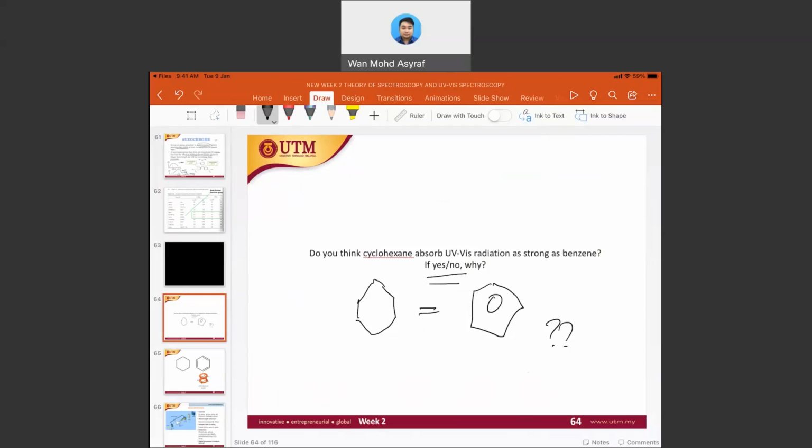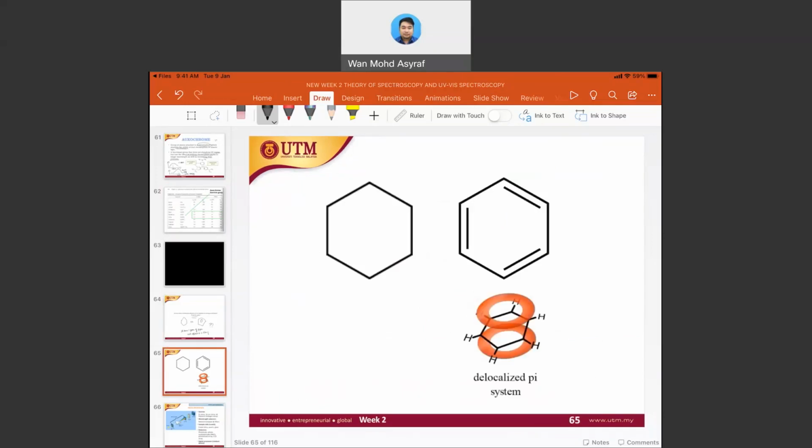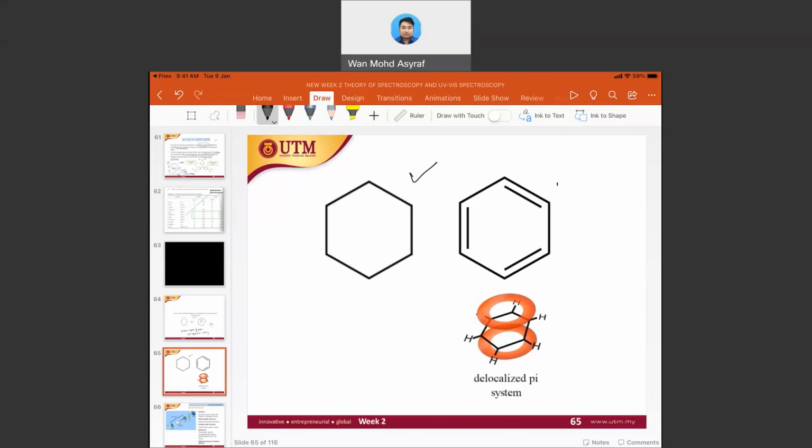As usual, jot down on a piece of paper and upload it. So this is an example of cyclohexane, and this is benzene. You need to justify why cyclohexane or benzene can or cannot absorb UV radiation.